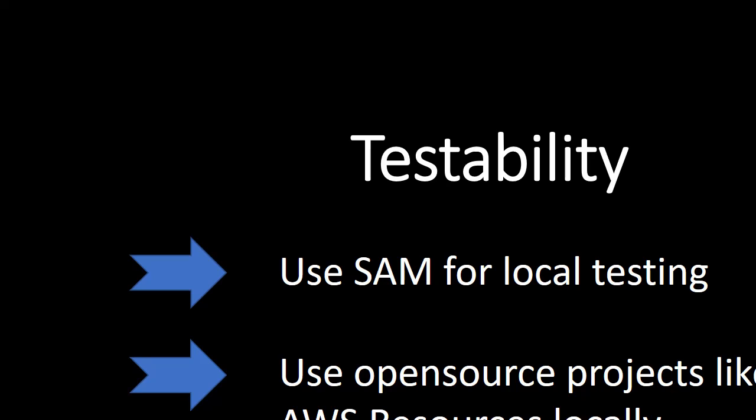For example, if I'm using S3 objects in my Lambda function, then I need to mock all those S3 connection objects or S3 events to test it. To avoid that, try to separate your function logic, your business logic, and put it outside your handler.